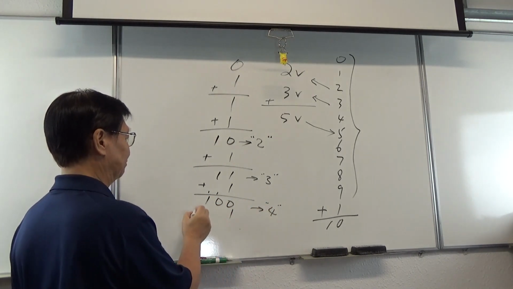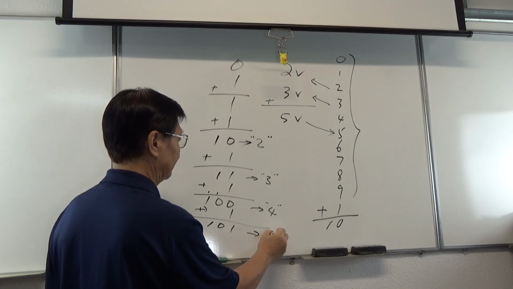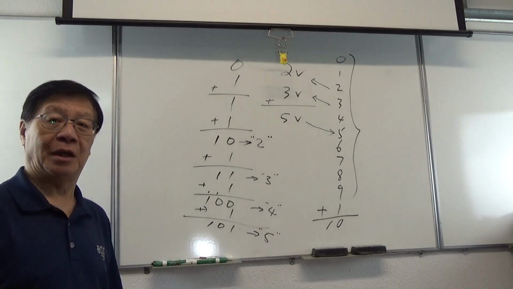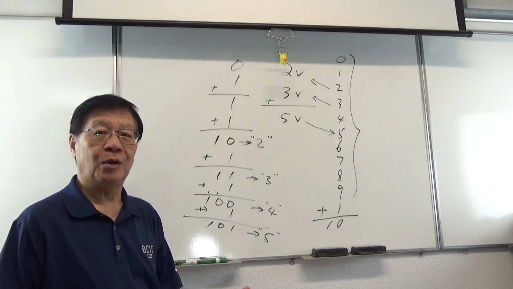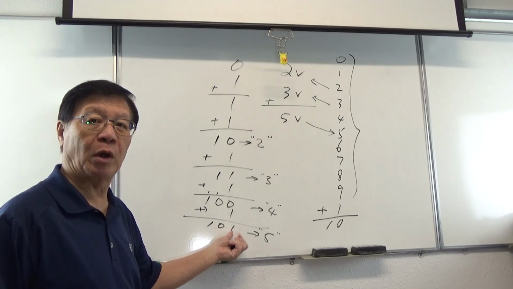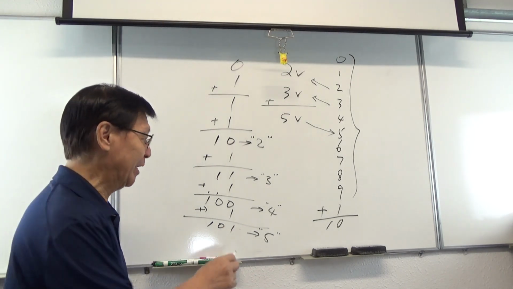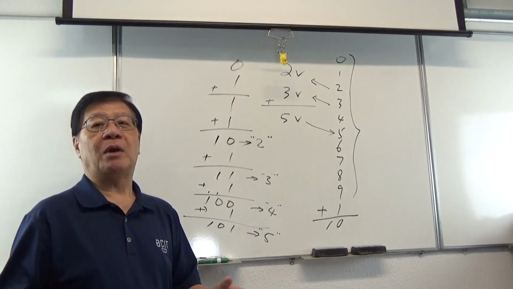One more step: 1, 0, 1 equals 5. Now we can still count. But of course, we don't feel comfortable with that kind of expression. 101, how much is it? We need a conversion back to the decimal system that we are familiar with.